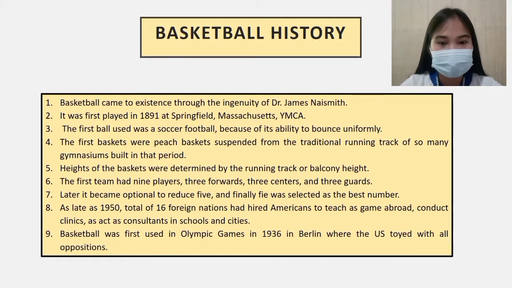As late as 1950, a total of 16 foreign nations had hired Americans to teach the game abroad, conduct clinics, and act as consultants in schools and cities. Lastly, basketball was first used in the Olympic Games in 1936 in Berlin, where the US toyed with all oppositions.